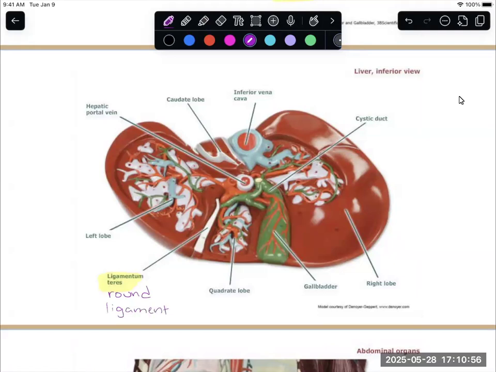You still hear both words being used. So knowing that is sometimes not a bad thing because things will come back to you. The hepatic portal vein. Here we see that cystic duct by that gallbladder. That's labeled out here.